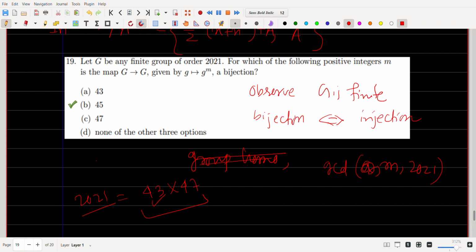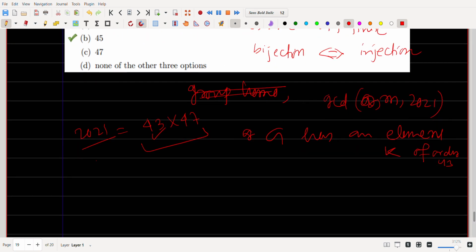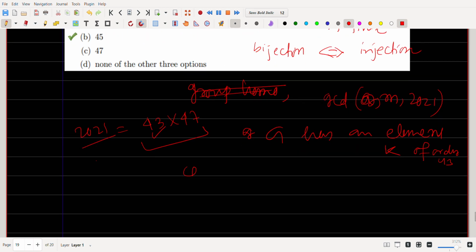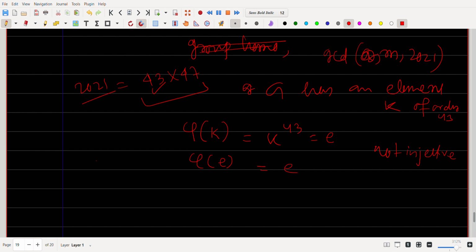Now if it is 43 times 47, that means G has an element of order 43. So if m is 43, and say G has an element k of order 43, then under this map phi of k equals k power 43, which is the identity, and phi of identity is also identity, so not injective.